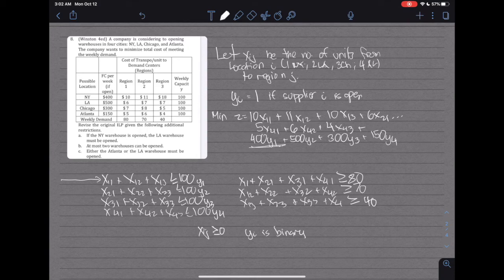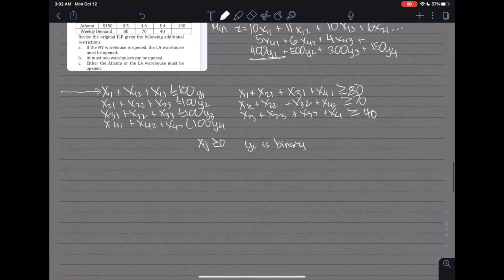In this case, we are assured that if a plant is closed, nothing will come out of that plant and nothing will be delivered outside of that plant. This forms the base of our fixed cost model. Now let's go to the 3 sub problems.